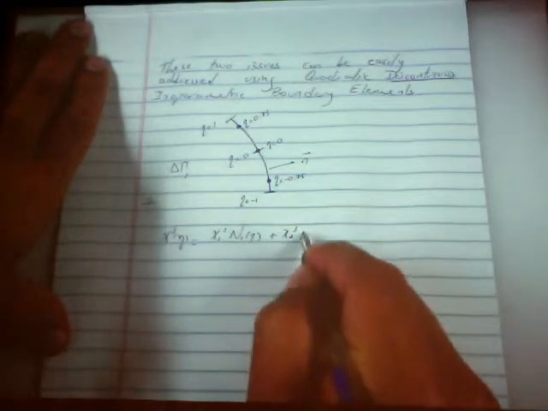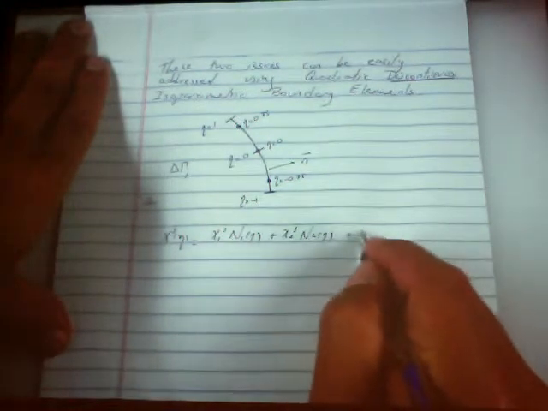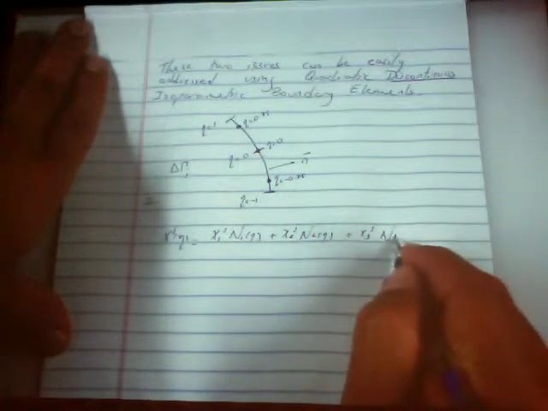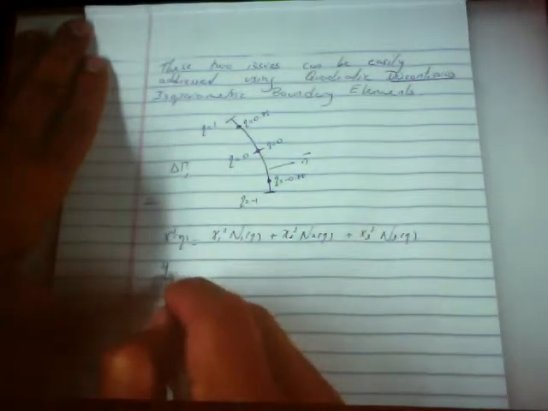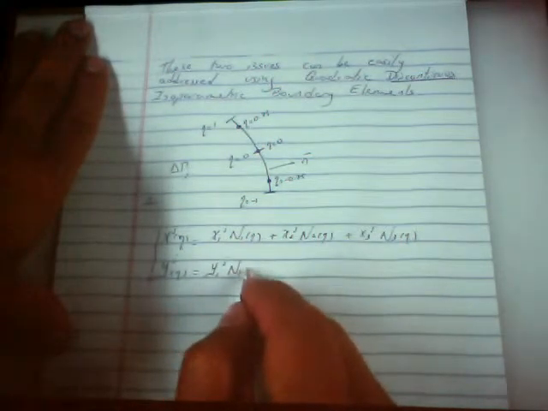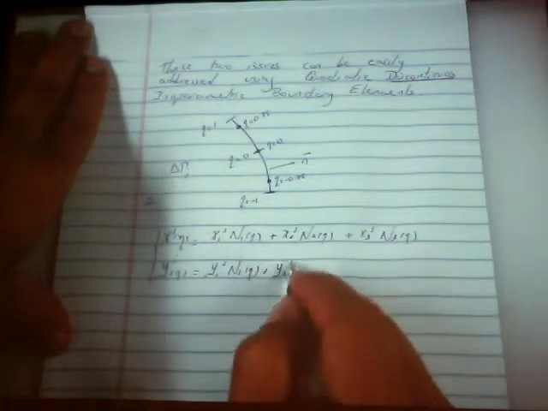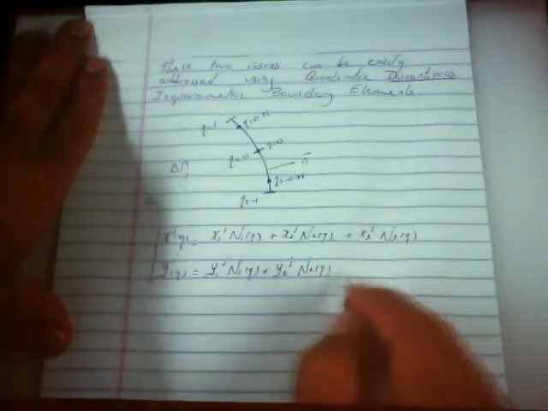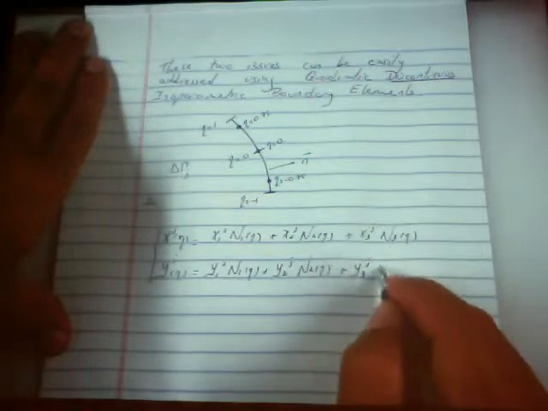All right? So, x_j of eta is equal to x1j N1 eta plus x2j N2 eta plus x3j N3 eta, and y of eta is equal to y1j N1 eta plus y2j N2 eta plus y3j N3 eta.